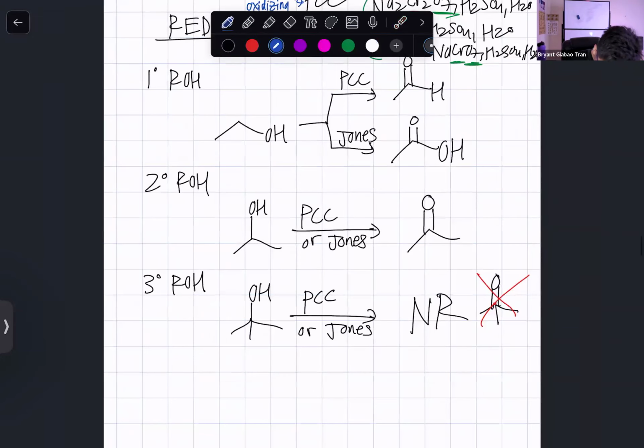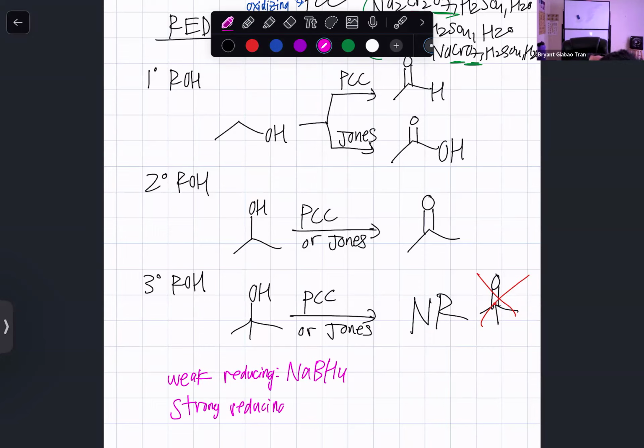Okay, now let's go over reduction. In 118A, a weak reducing agent would be sodium borohydride. Strong reducing agent would be lithium aluminum hydride.